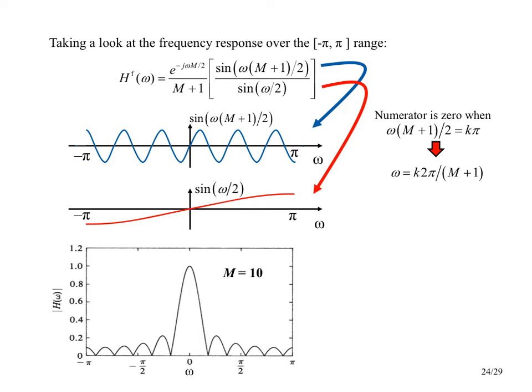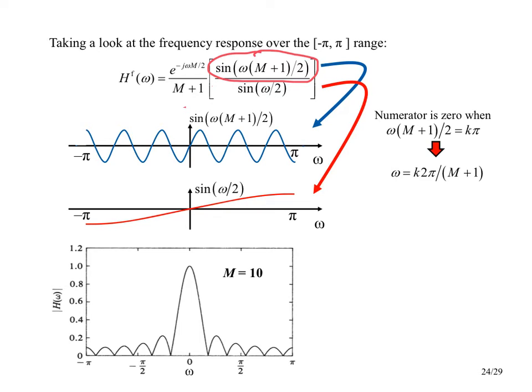So to get a feeling for what this does, let's look at the numerator of this. This out in front is just a constant 1 over m plus 1, and then a phase shift. So let's just look at the other stuff in the brackets here. If we look at the numerator inside the brackets, it's just a sine function.